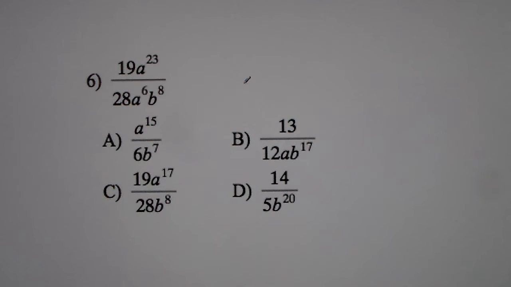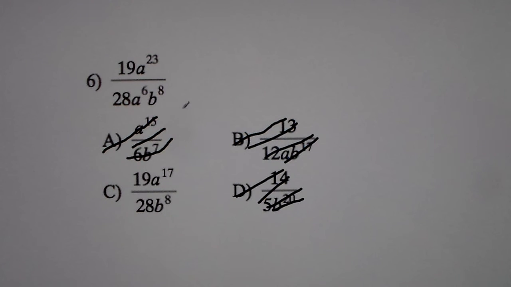So 19 divided by 28, we still get 19 over 28. So we know we could already eliminate A, and we can eliminate B, then we can eliminate D, to get our answer of C. Now let's do the rest of the problem just so you have an understanding, just in case there are multiple answers still available.